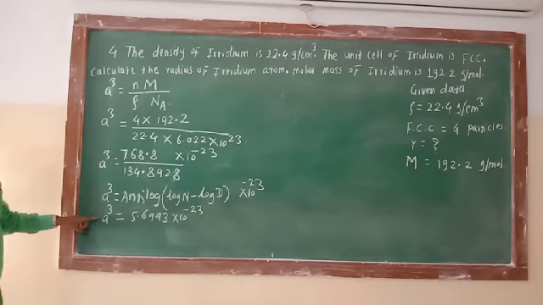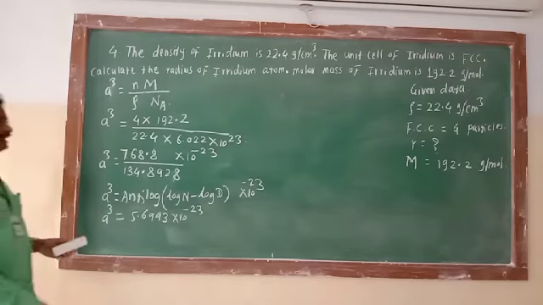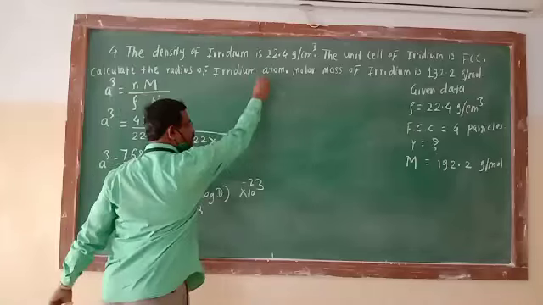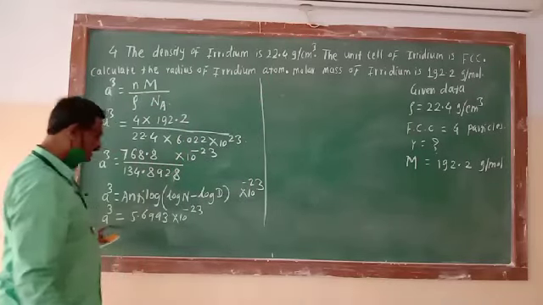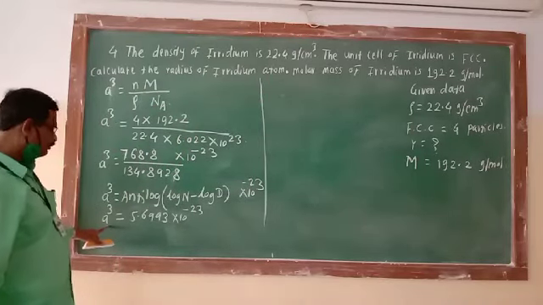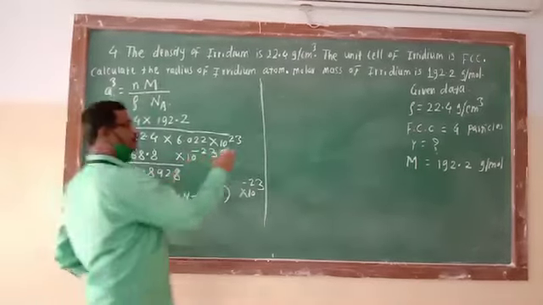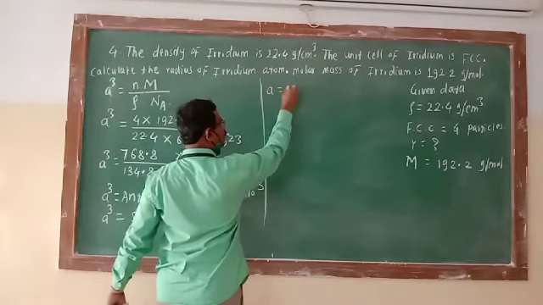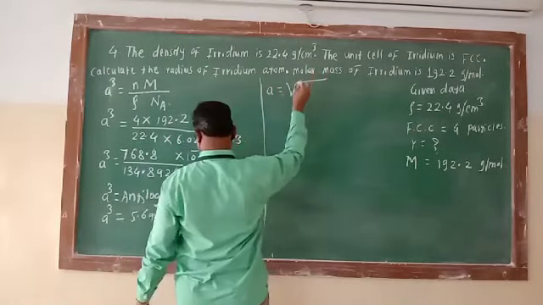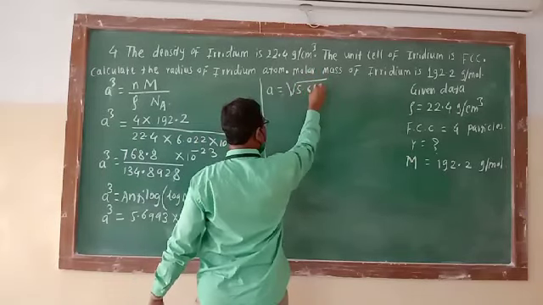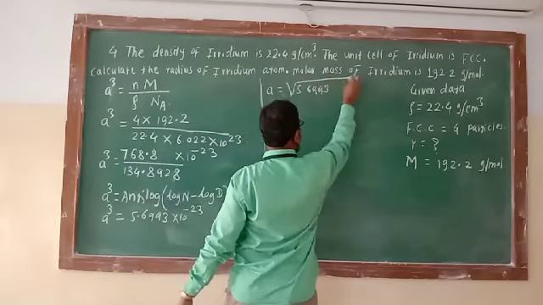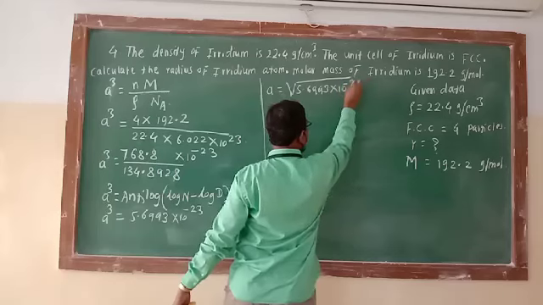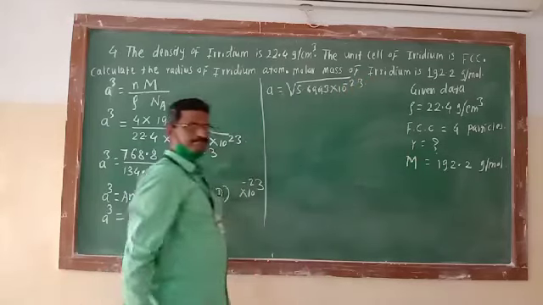Means volume we have calculated. Now this volume must be converted into edge length. a we have to calculate. From this equation, what is the equation for a now? a will be equal to cube root of 5.6993 into 10 raised to minus 23.